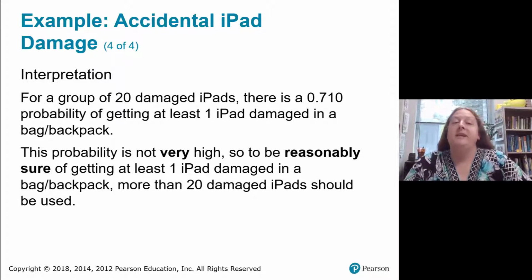For a group of 20 damaged iPads, there's a 0.71 probability of getting at least one iPad damaged in a bag or backpack. Now 0.71 is not super close to 1, but it's also a decent way away from 0.5. So we wouldn't say that the probability is very high, but we would say that we can be reasonably sure because it is reasonably high. So we'll say that we're reasonably sure of getting at least one iPad damaged in a bag or backpack when we look at 20 damaged iPads.